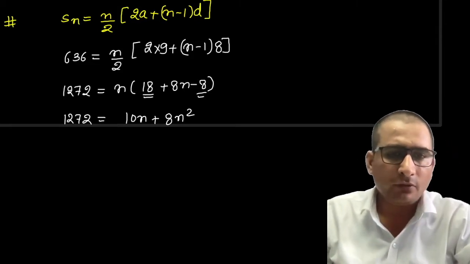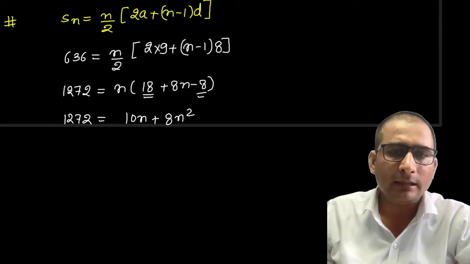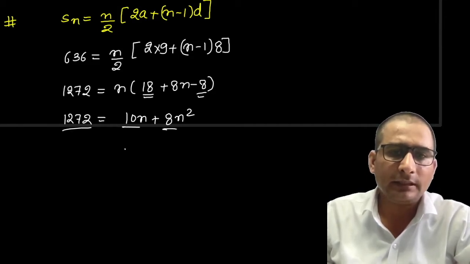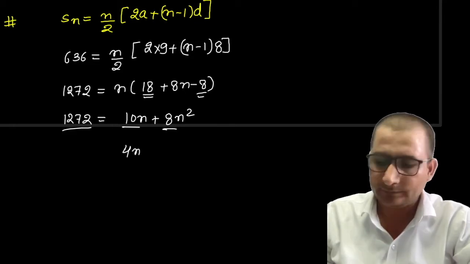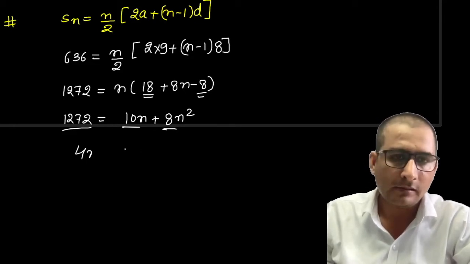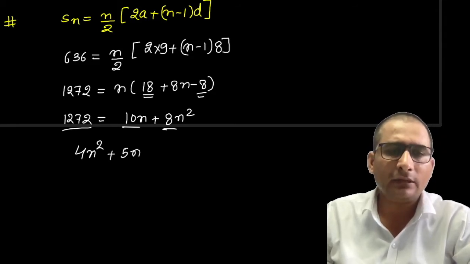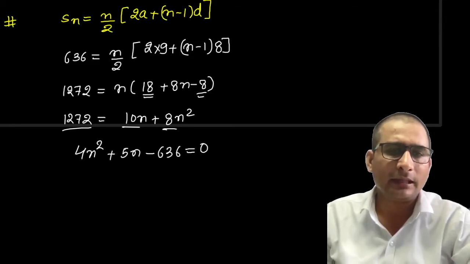Let us take 2 common from here. So यहाँ से 2 कॉमन लेंगे अगर और इसको कट करेंगे तो it becomes 4n square, right? This 10 becomes 5n and it becomes 636, take it on this side, it becomes like this.